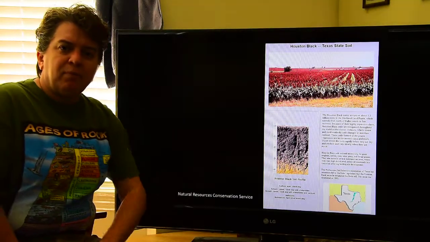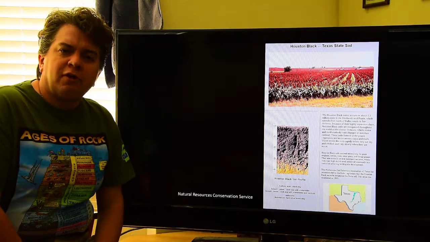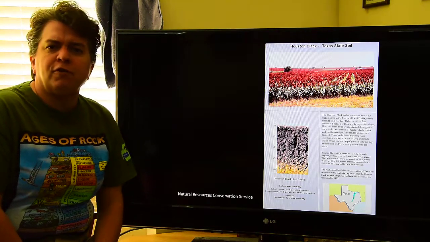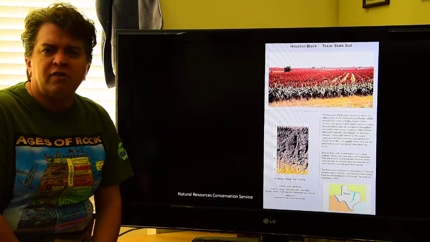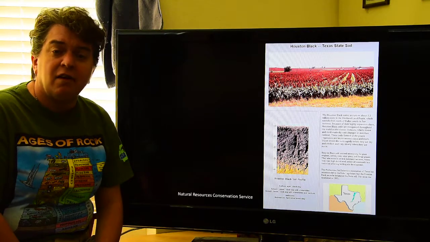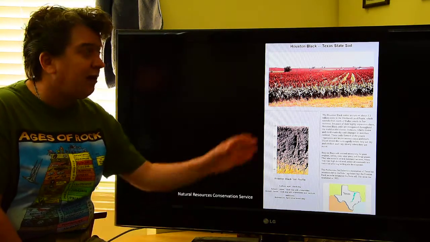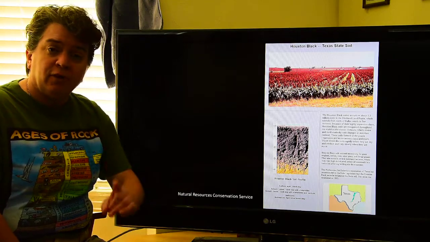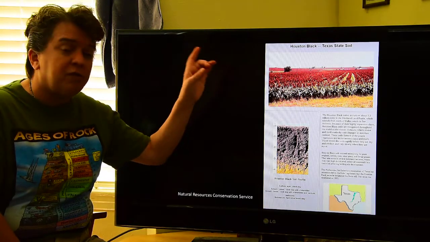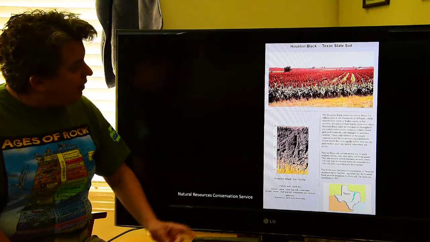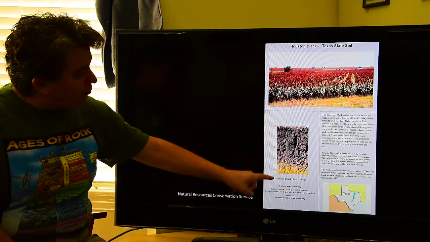An interesting bit of trivia for you is, just like states have an official state bird and fish and song and all that kind of stuff, every state has a state soil. For Texas, the state soil is the Houston Black. This is showing you what the Houston Black looks like.